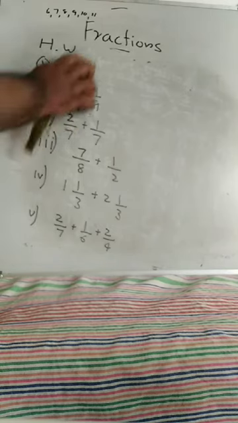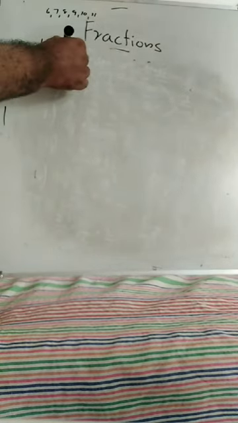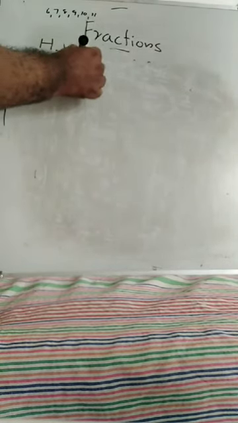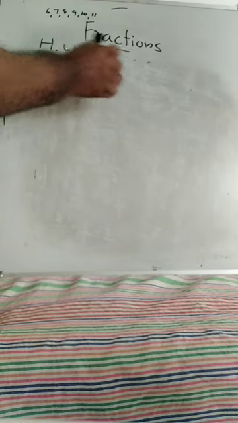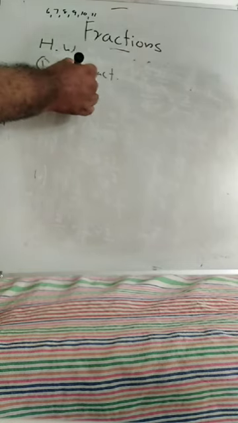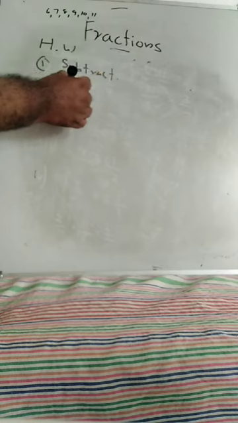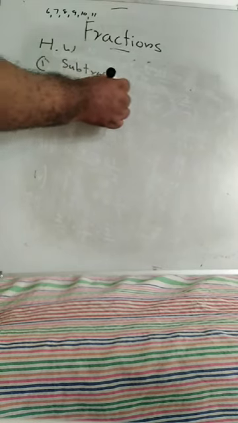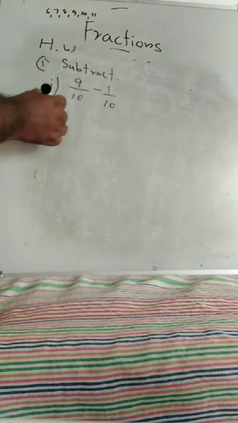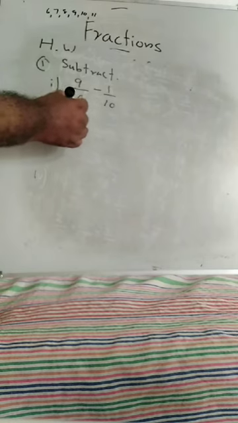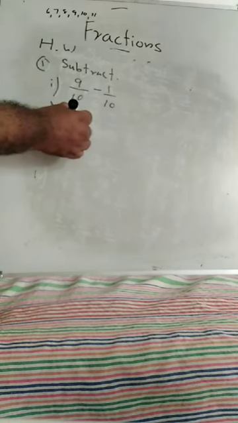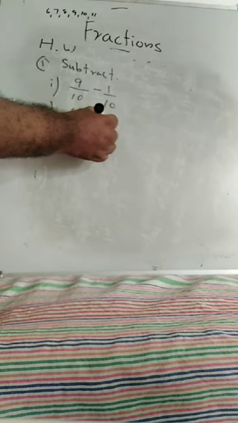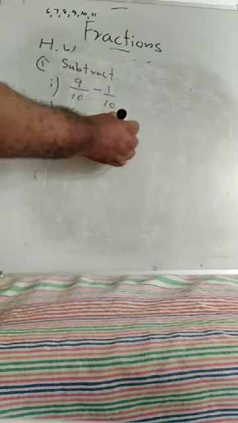Right. Then subtract. First one, 9 upon 10 minus 1 upon 10. Second one, 6 upon 7 plus 1 upon 7 minus 2 upon 7.